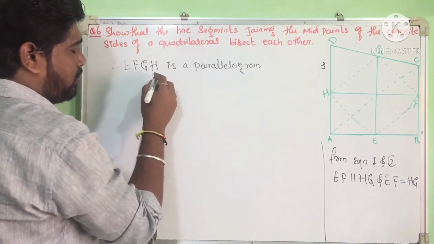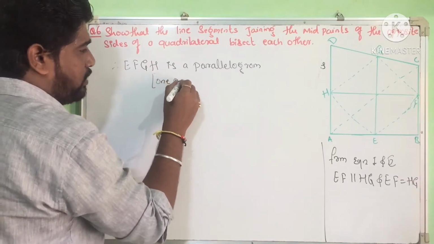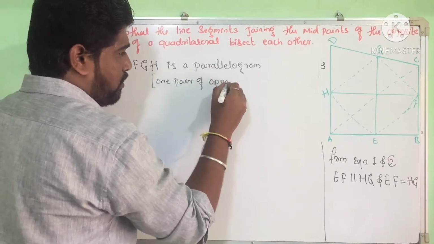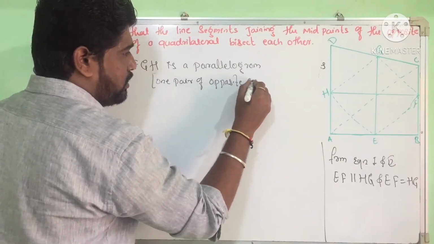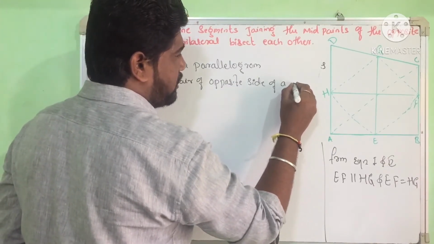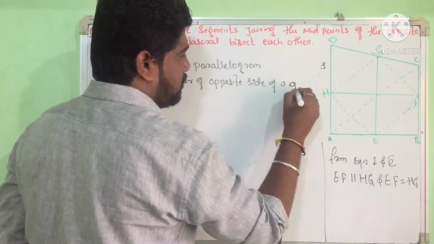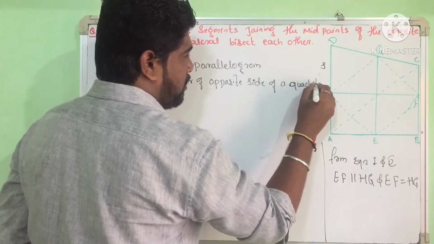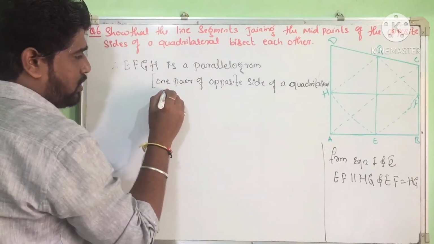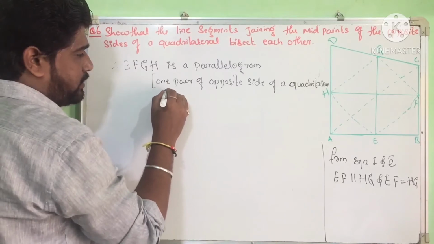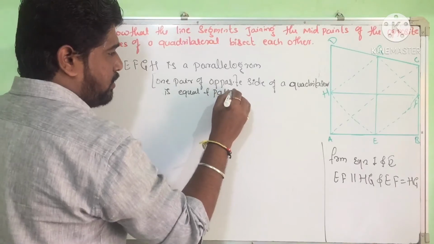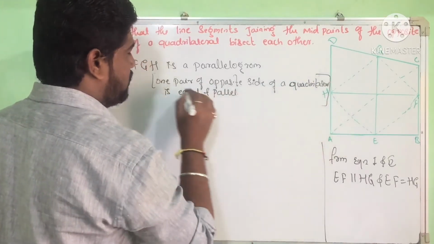Reason: one pair of opposite sides of a quadrilateral is equal and parallel, right?